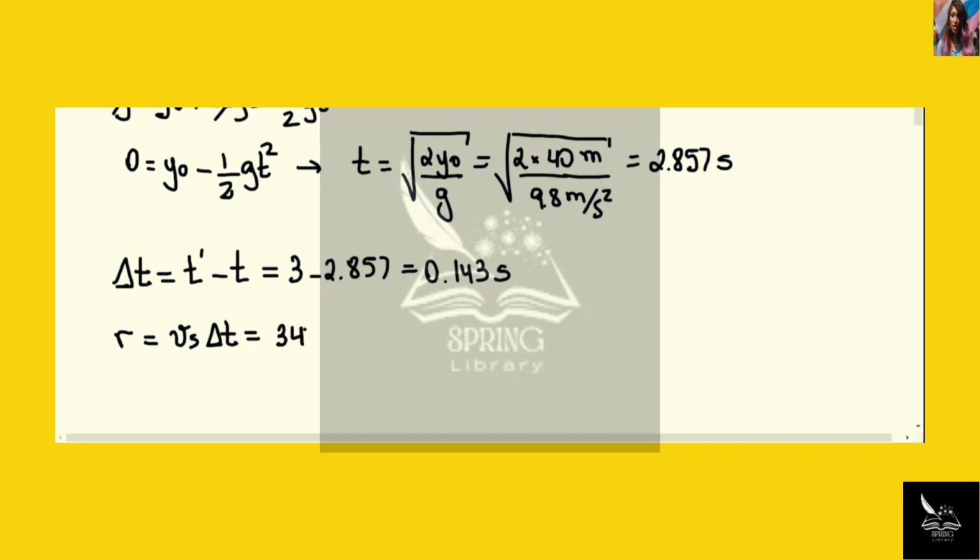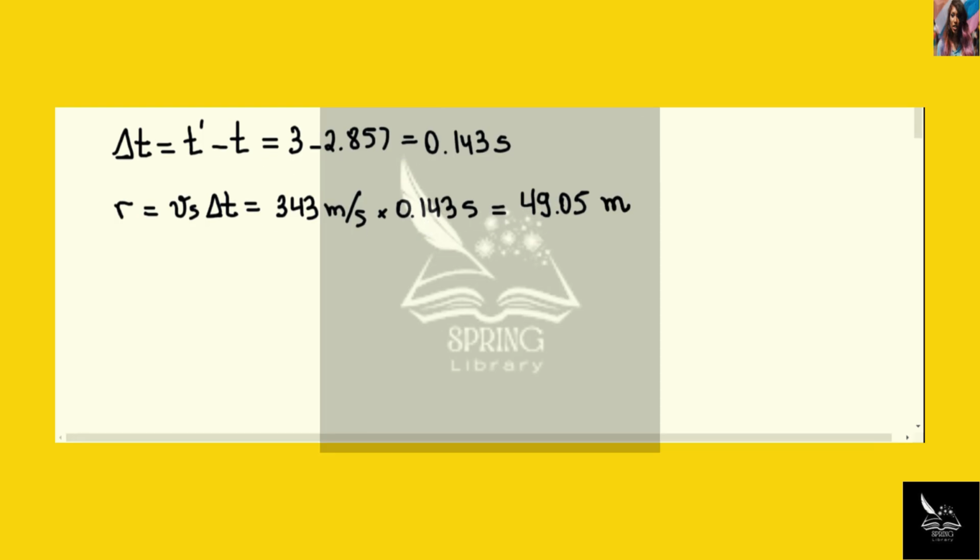So this is 343 meters per second times 0.143 seconds, and this is 49.05 meters.